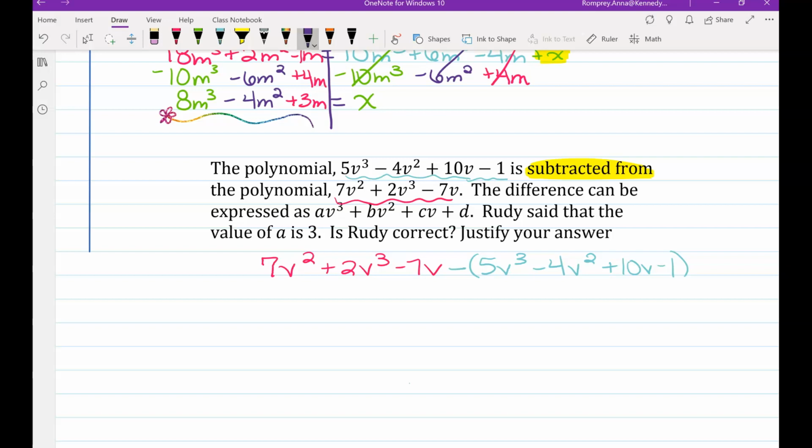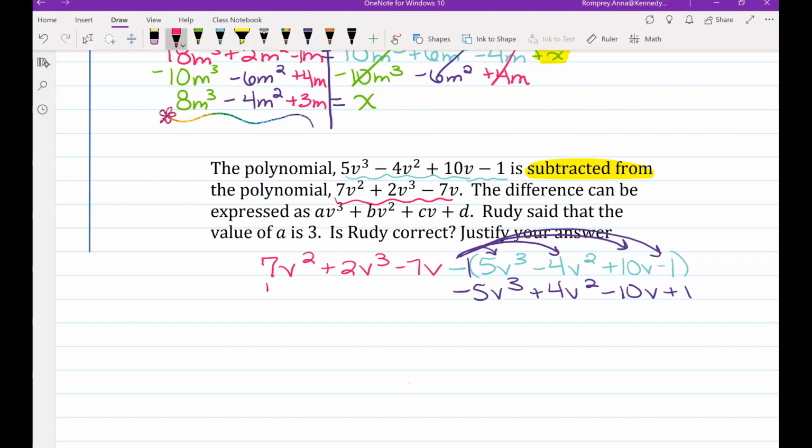All right, so let's go ahead and distribute this negative. So I've got a negative 5v cubed. Negative 1 times negative 4, positive 4v squared. And negative 1 times a positive 10, negative 10v. And last but not least, negative 1 times negative 1, a positive 1.